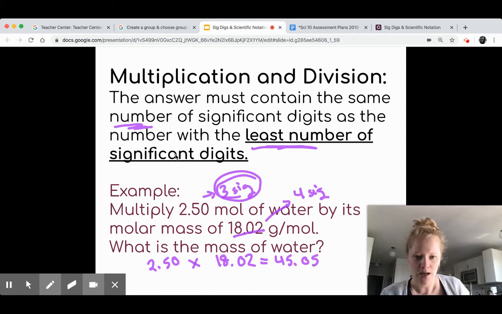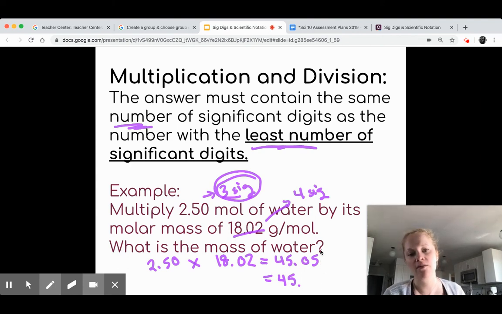So now looking at this answer, this actually has 4 sig digs, but I only need 3. So that means I'm going to actually have 45 point, and I only get this one decimal because I need 3. Now this 5 beside it, whatever number is beside the last decimal place will always influence rounding, just like you've done in the past for math.